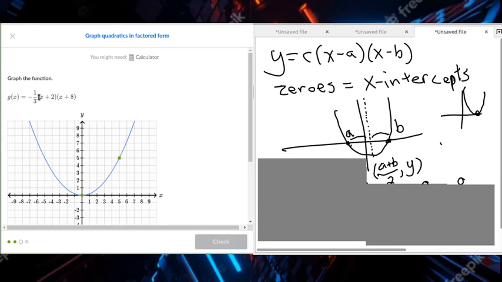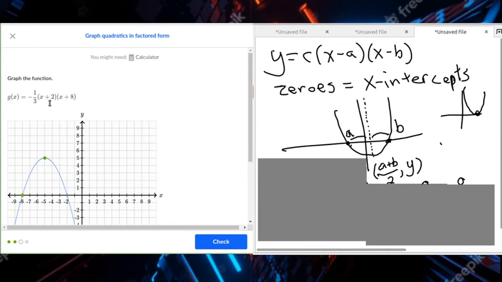Okay, so here we have that same form, the factored form, and if we're going to find the zeros, it's going to be something over here like this.